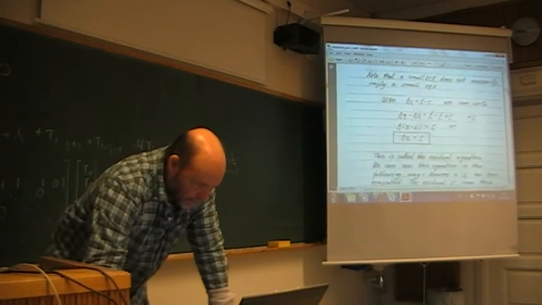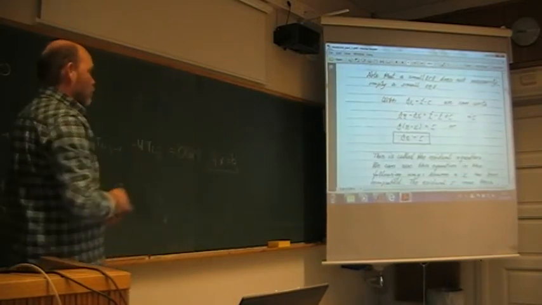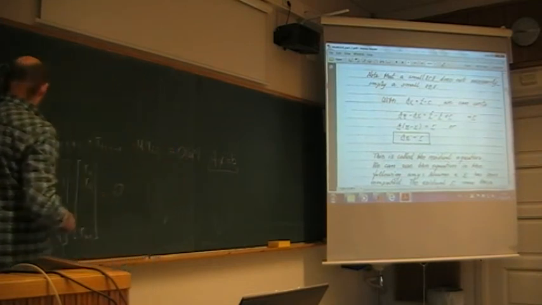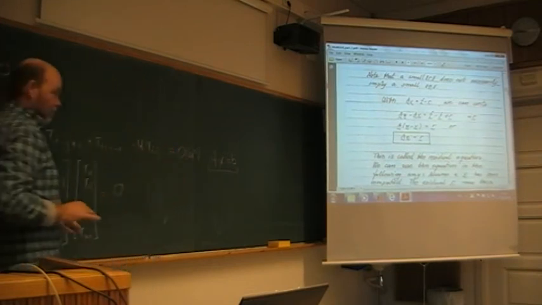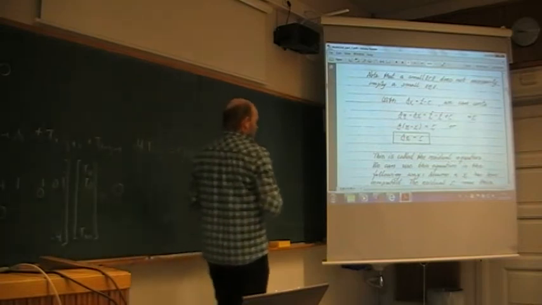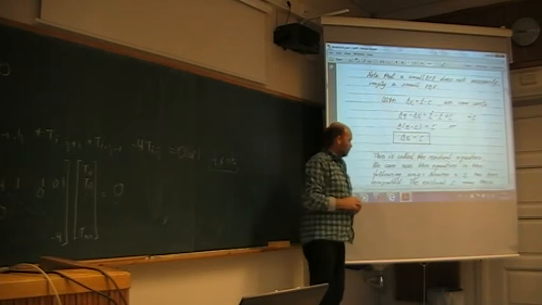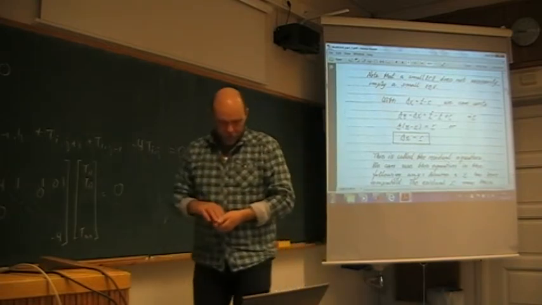So normally we want to do this, but the demand is that your equation system must be a linear one, or else you can't do it. Normally it will be, so don't worry too much about it. So this is the residual equation.